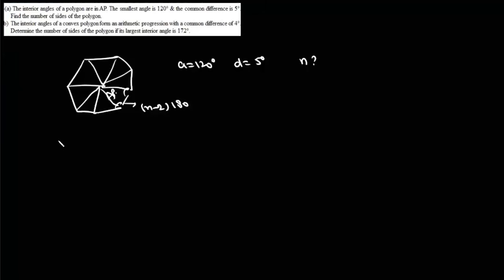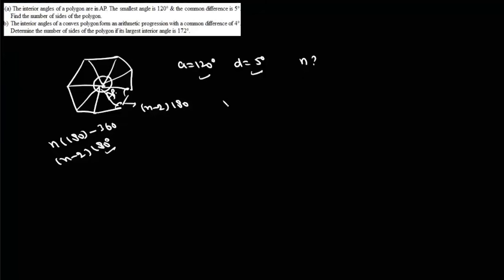Sum of all the angles of a triangle will be n into 180, and from this sum we'll subtract all these angles which are at the vertex or which are at the center of this polygon. So it will be minus 360. So we can write this as n minus 2 into 180 degrees. So we have first term, common difference, and sum of all the angles. We should be able to find the value of n.